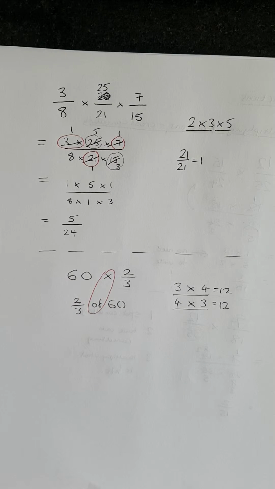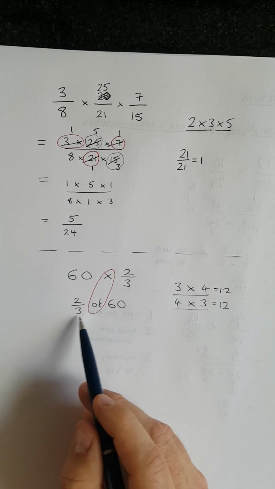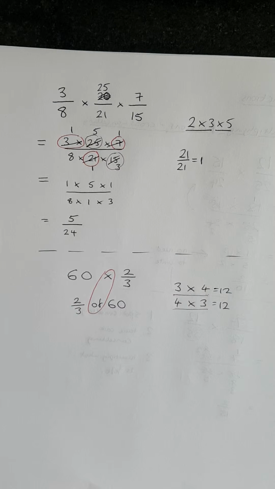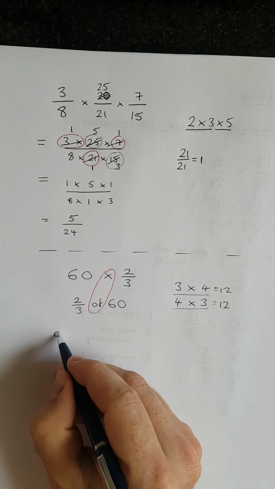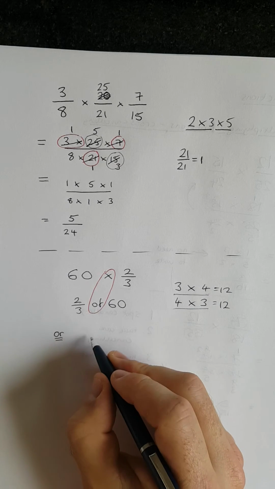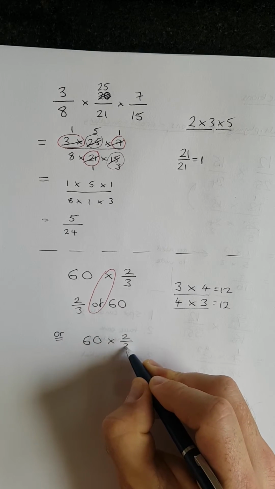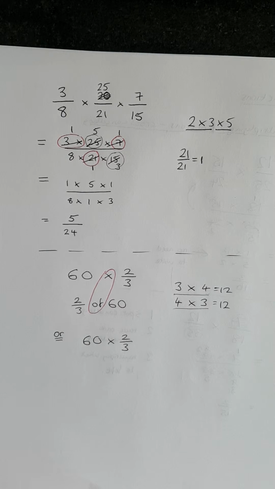And we know that of and times are equivalent. So if you're given this sum, you can just work out this sum. Or 60 times 2/3 can be done as a multiplying fraction. And some of you will prefer this way.